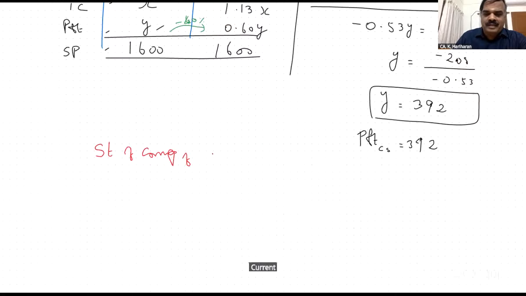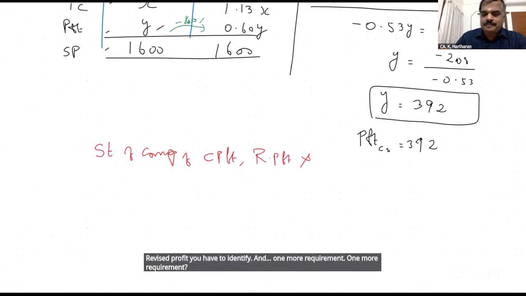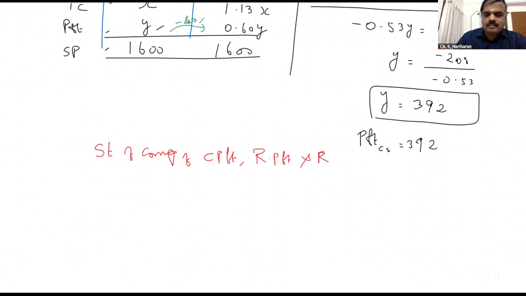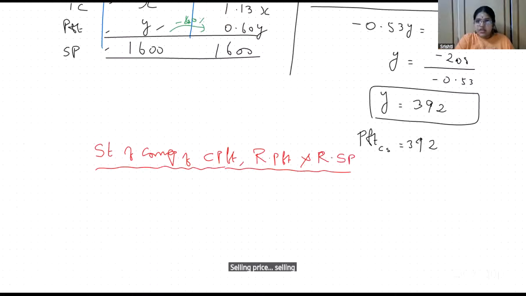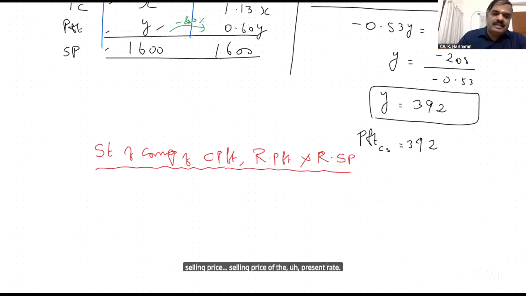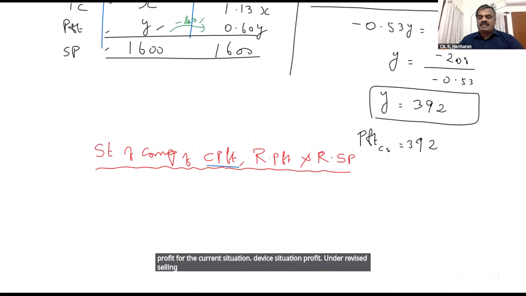You have to identify the current situation profit, the revised profit, and one more requirement: the revised selling price. Therefore, we have to identify three requirements: profit for the current situation, revised situation profit, and revised selling price. Am I right?